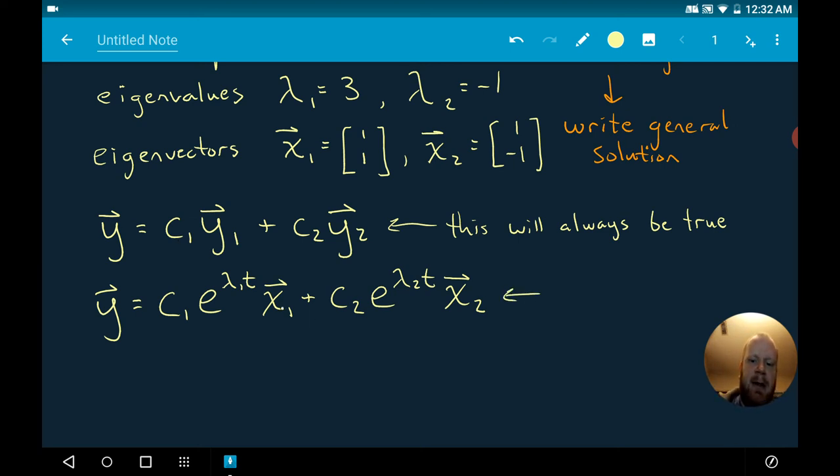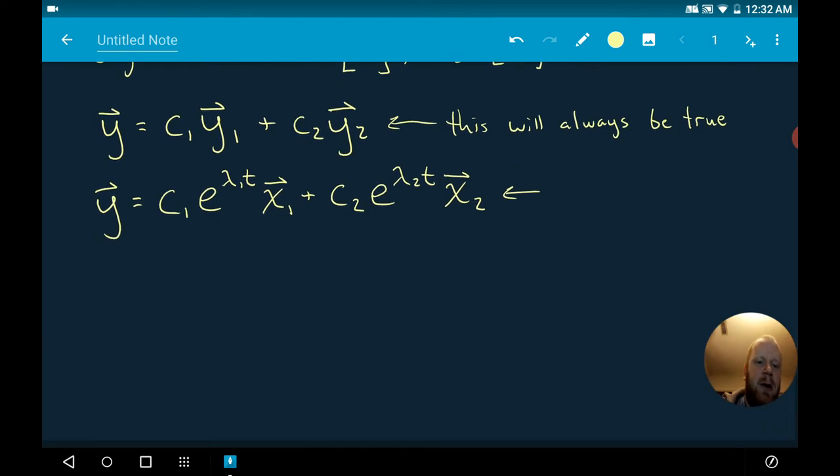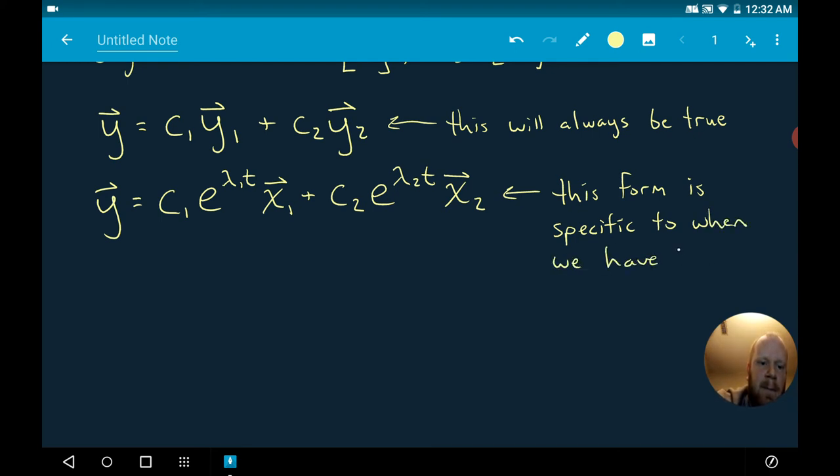But I'll say that this form isn't always going to work. What I will say is this form is specific to when we have two real eigenvalues.